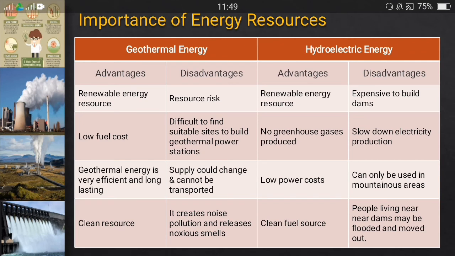Some of the disadvantages of hydroelectric energy. So we have here expensive to build dams. So it means hydroelectric plants are very expensive to build and must be built to a very high standard. And then we have slow down electricity production.